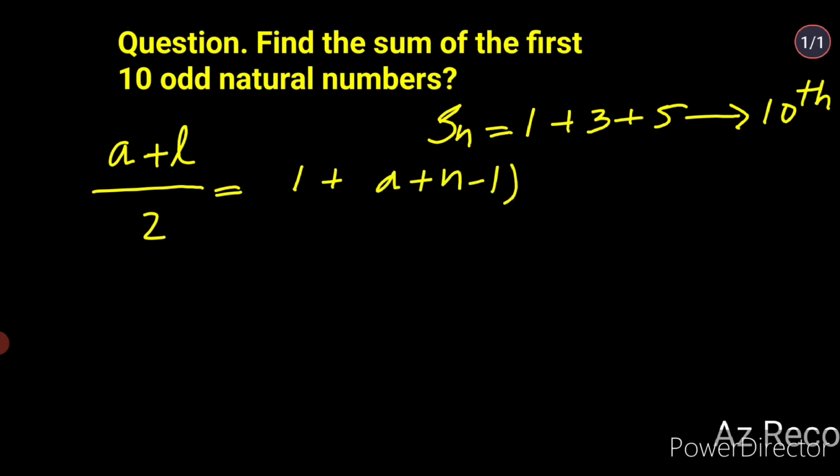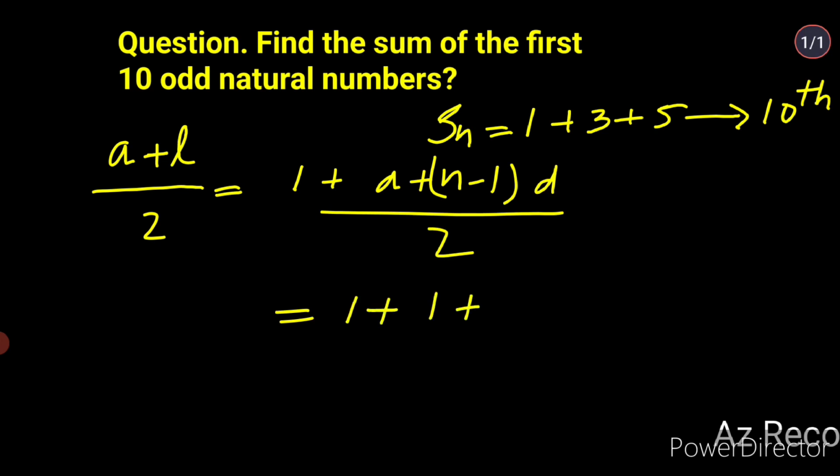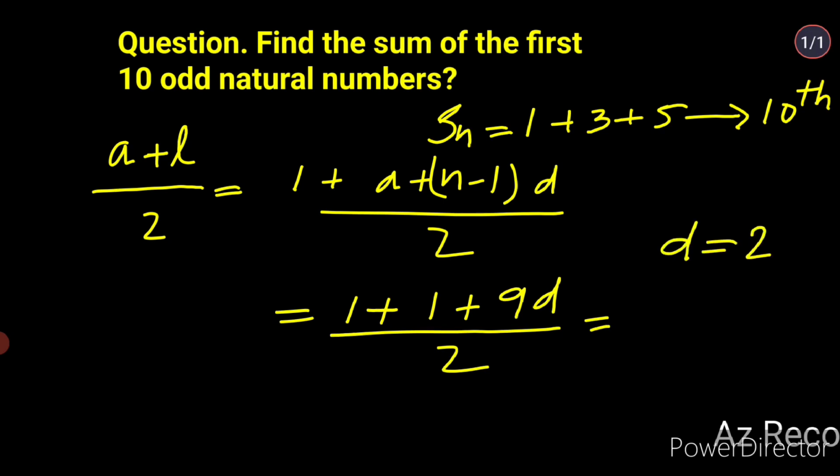Using the formula we can find it. a is equal to 1 plus n minus 1 d, where n is the number of terms. The last term is the 10th term, so it is 9d, divided by 2. d, the common difference, is equal to 2, so we get 1 plus 1 plus 9 into d, that is 2.